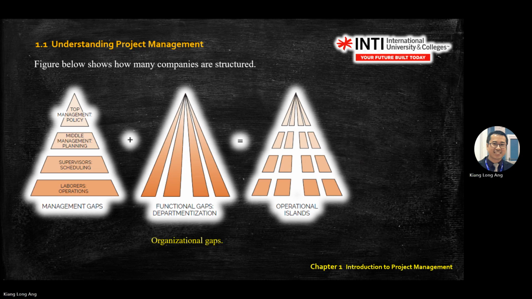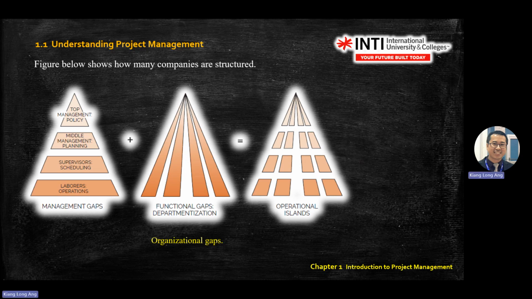Maybe you have the first type, the management gap, meaning level by layer. Okay, you have to talk to this level first, then you talk to me. So operation level, supervisor level, mid management level, and top management level. If the gap is big, then communication will break down here, and some delay will happen.